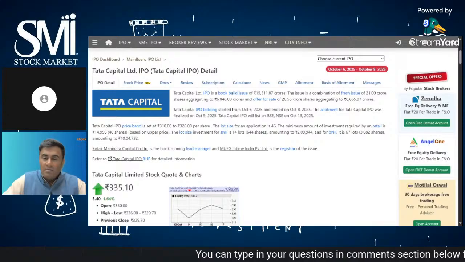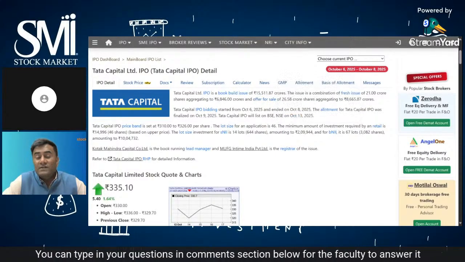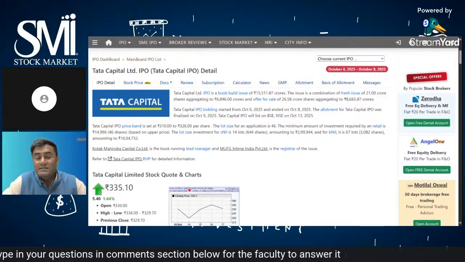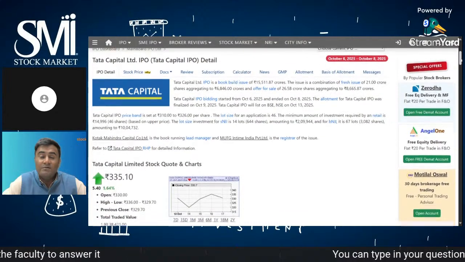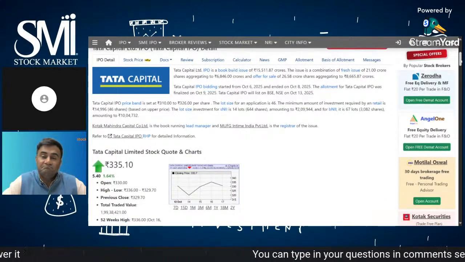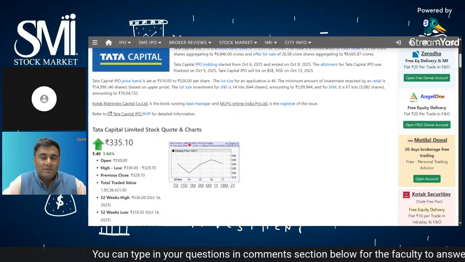Okay, but the important thing for me over here is that out of 15,500, only 6,800 crores will be going to the company. So more than half the amount is being taken out by the previous shareholders.